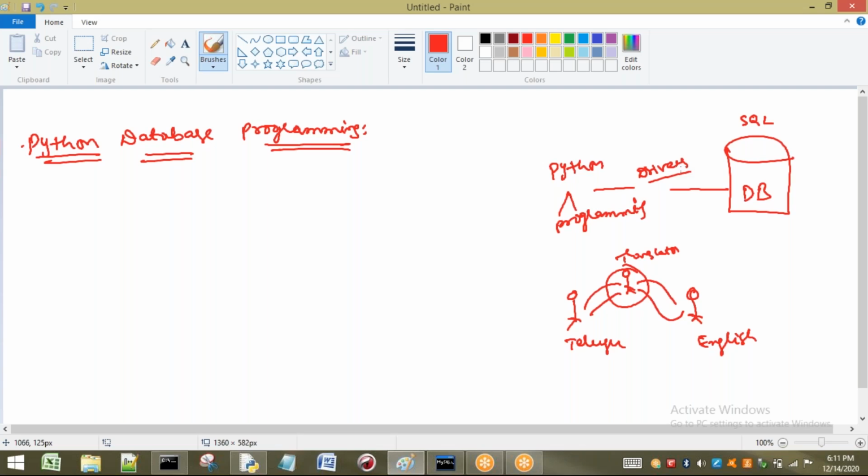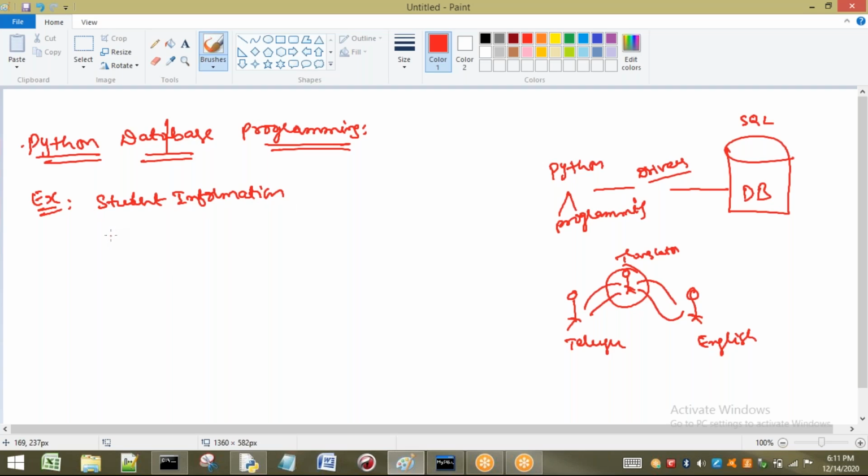First, let us see what is meant by a database and what is the need of a database. We have to understand why we are coming to the database. For storing data, we have different storage areas. What is the need of data storing? In any college, for storing student information, I require a database.